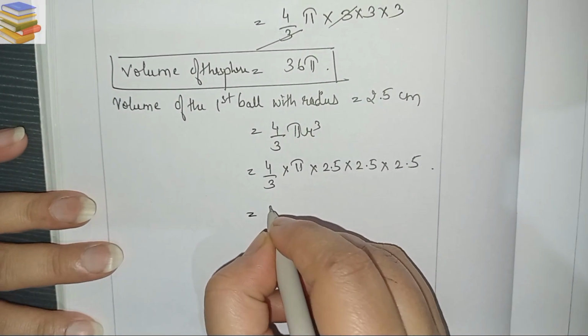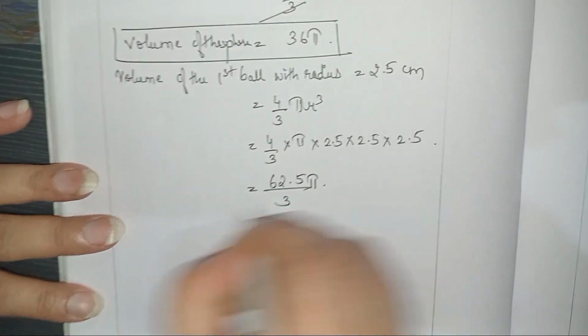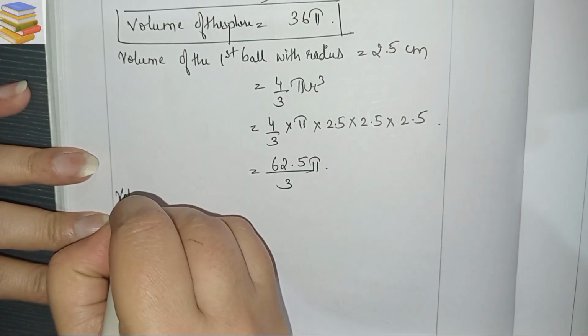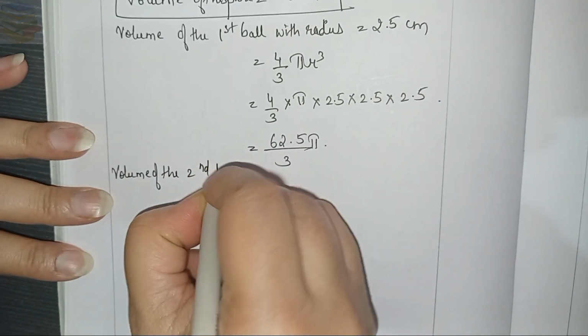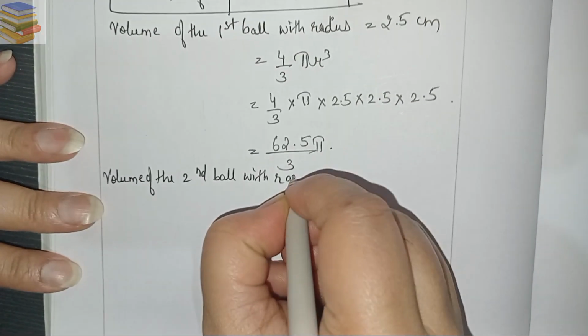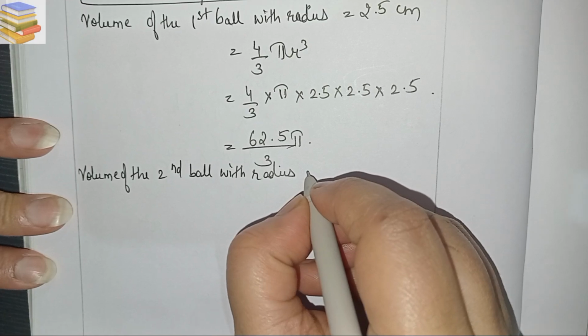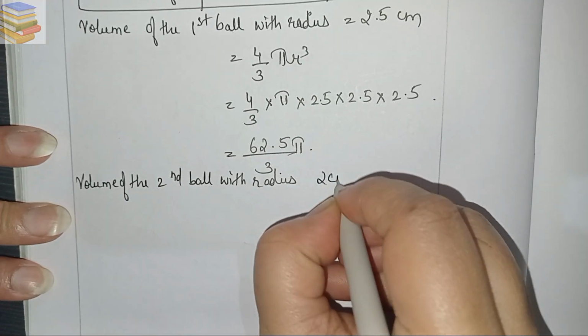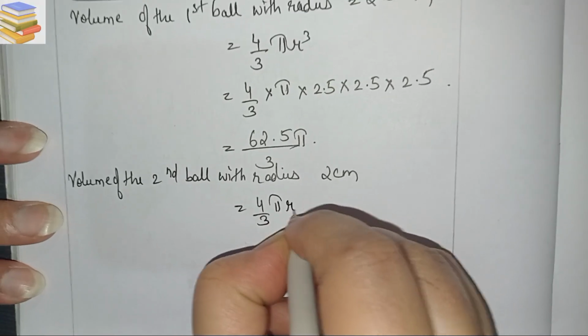So on calculating we get 62.5 over 3 pi. Similarly, volume of the second ball with radius 2 centimeters will be found with 4/3 pi r cube.